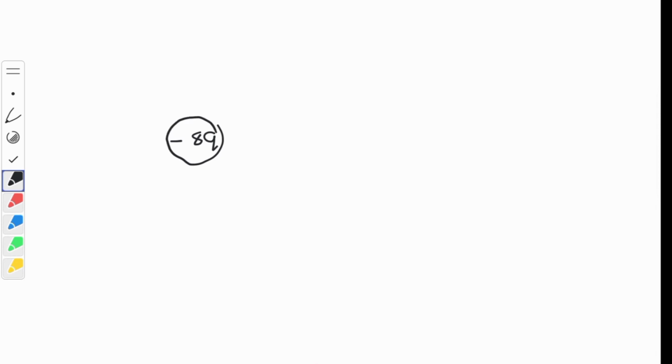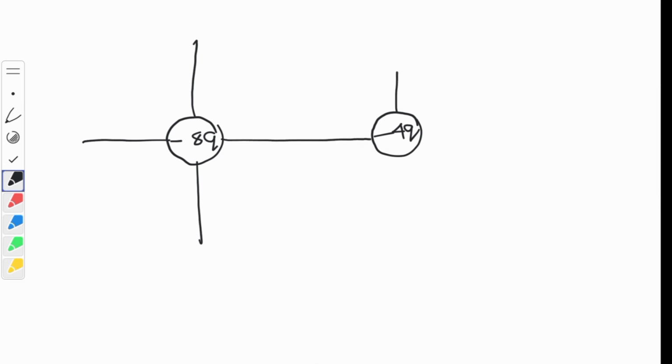Here I will take minus 4Q. Then how will the plot of the E versus R curve, that is the electric field versus distance graph, look?